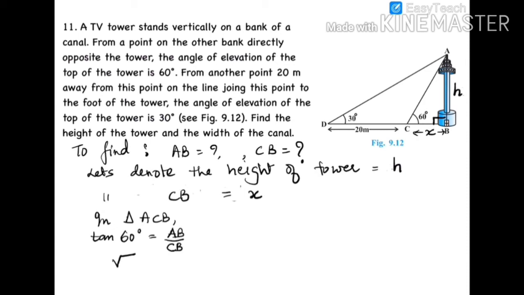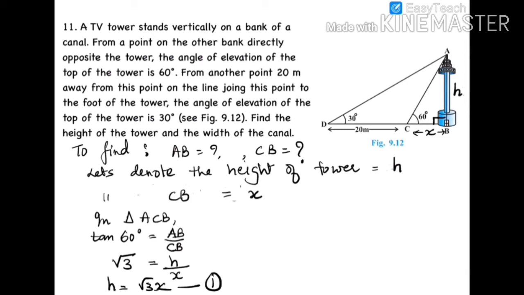Tan 60 degrees is root 3. AB is h and CB is x. So on cross multiplying, we get h equal to root 3 times x. Let's mark this result as 1.